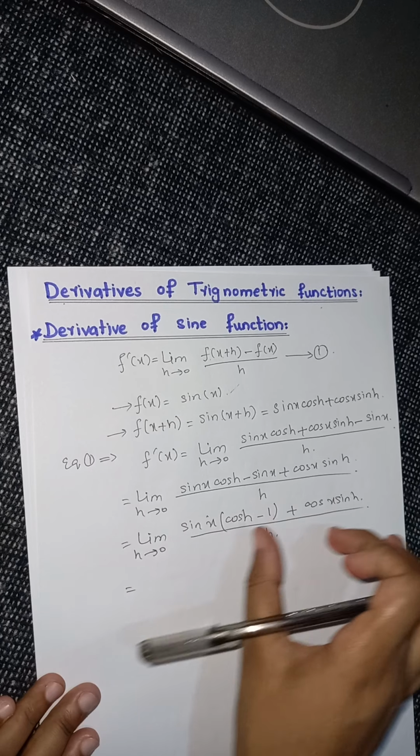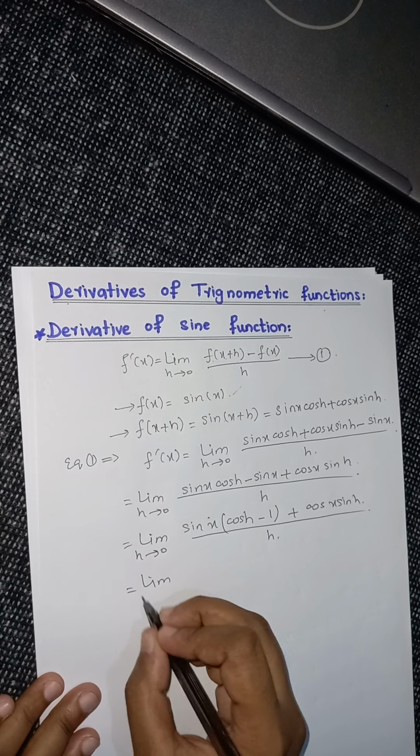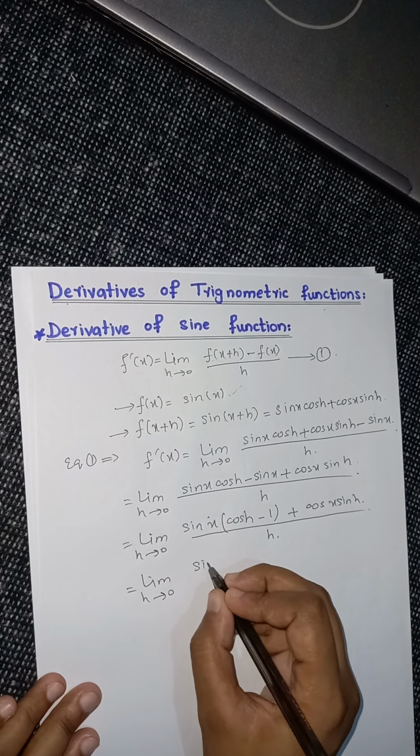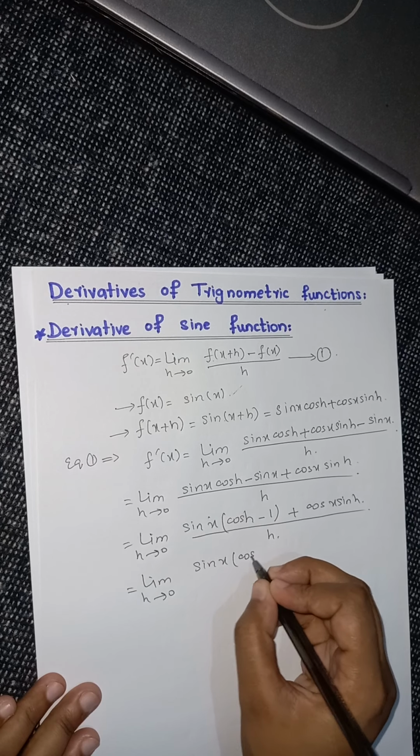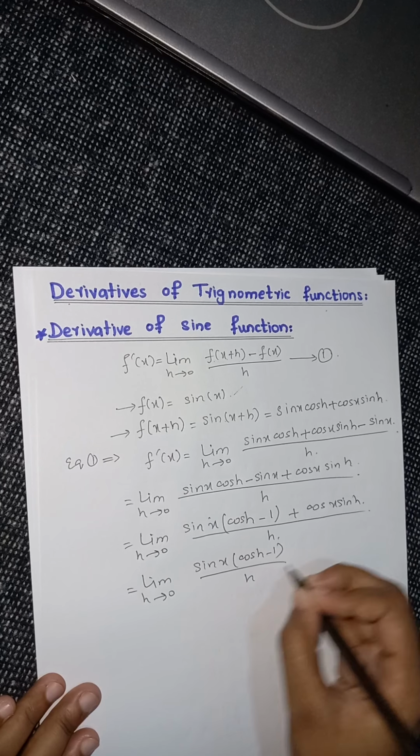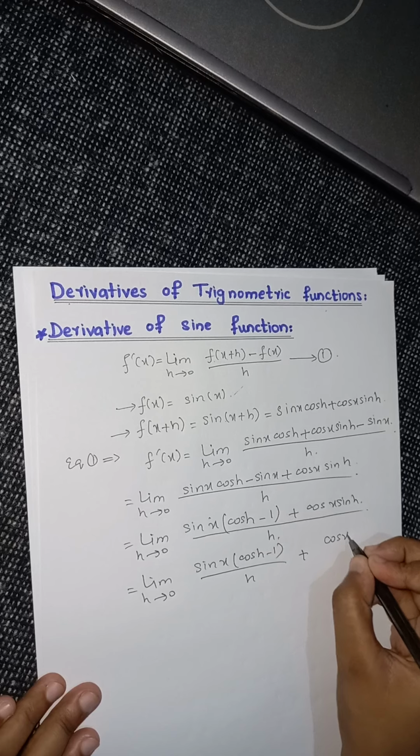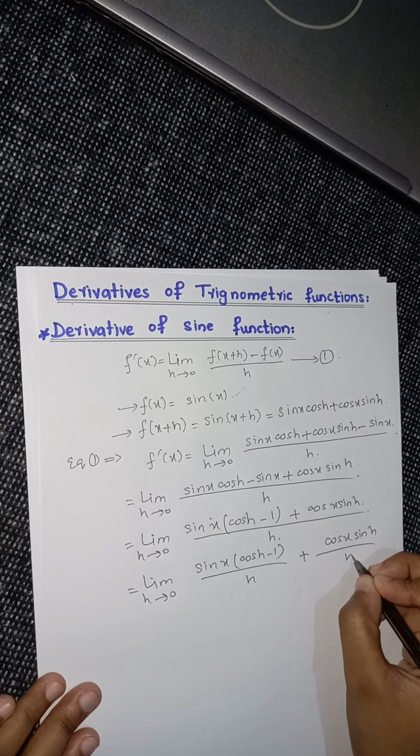Now we can split these two terms as limit h approaches to 0 of sin x times (cos h - 1) divided by h, plus cos x sin h over h.